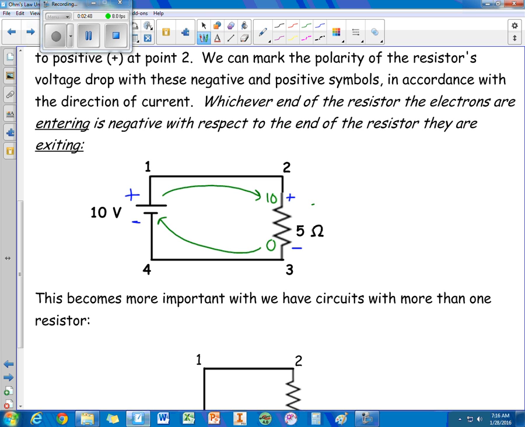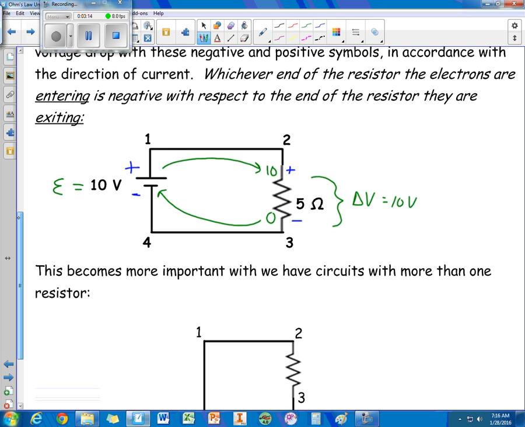Then across this resistor, the delta V, or the voltage drop, would be 10 volts. So this resistor would drop the voltage by 10 volts. On the battery, I would say our EMF is 10 volts.